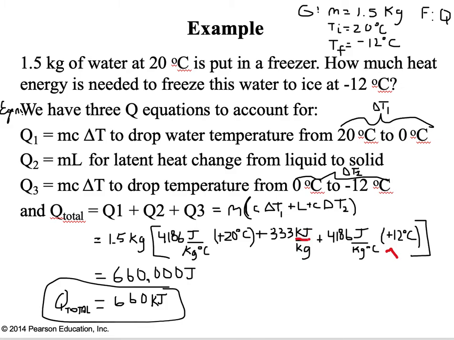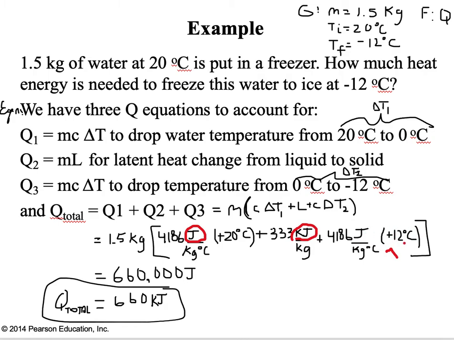Notice that we have kilojoules when we look up our latent heat, but when we look up our C value, we have joule values. And then once again, we want to lower the temperature of our ice by 12 degrees Celsius.